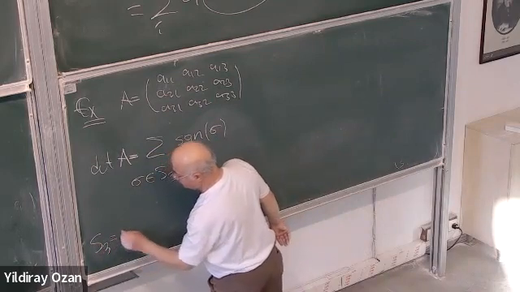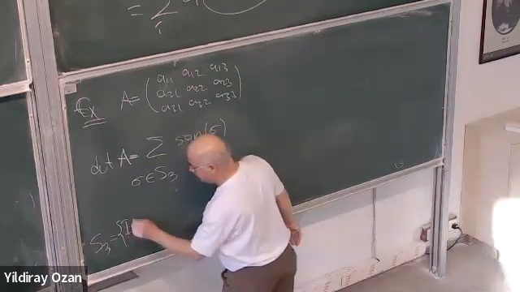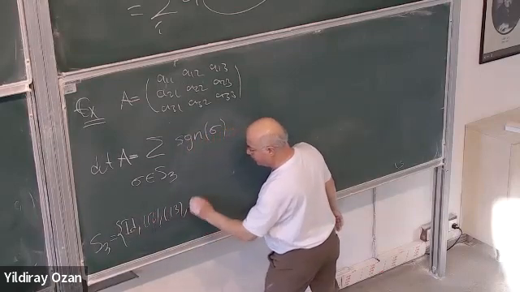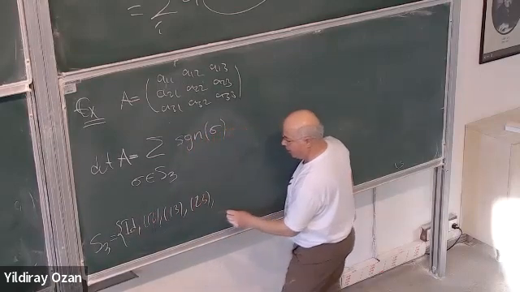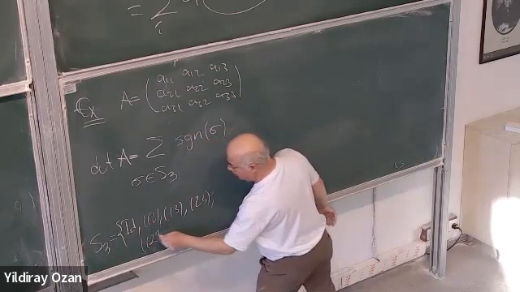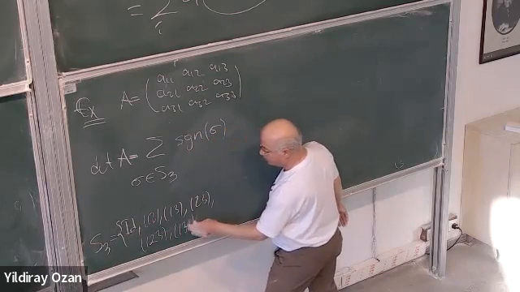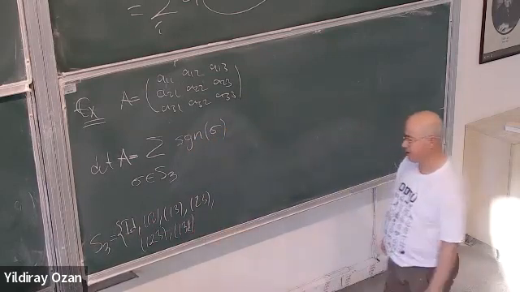S3 is just the identity, and then (1 2), (1 3), (2 3), and then 2 more elements, (1 2 3) and (1 3 2). Right? 6 elements.